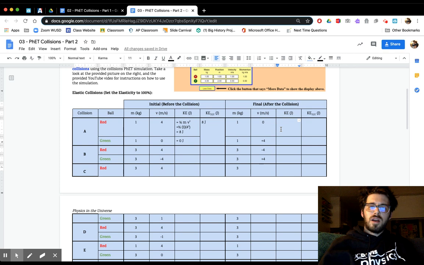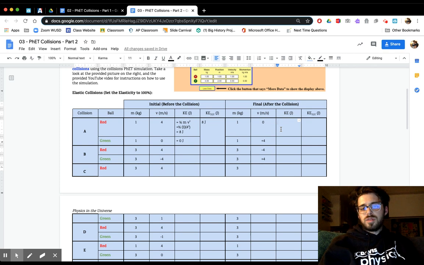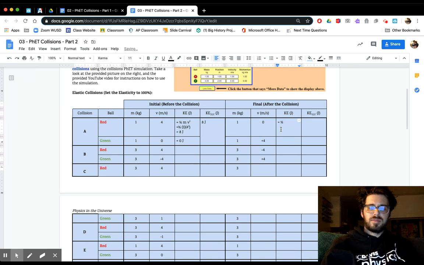All right, now let's go over here. Same thing, it's going to be kinetic energy. Half, I'll just jump to the equation. Mass is 1, velocity is 0. Should equal 0 joules.